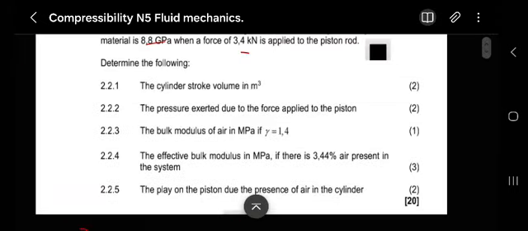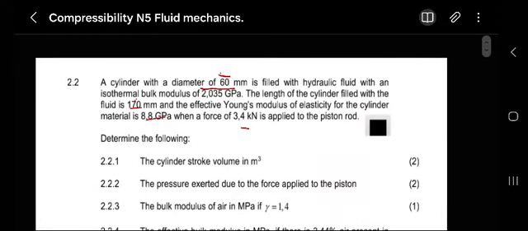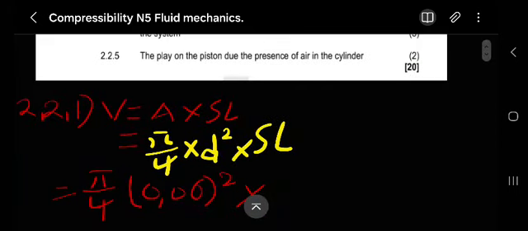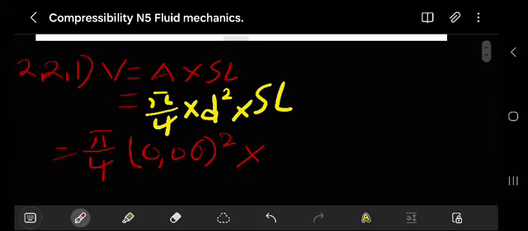What is the stroke length? They've told us the length of the fluid is 170. Divide 170 by 1000 so that it is in meters, then it will be 0.17. Then you punch all of these on your calculator.